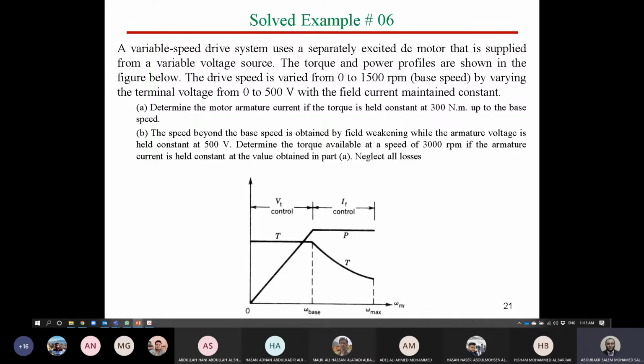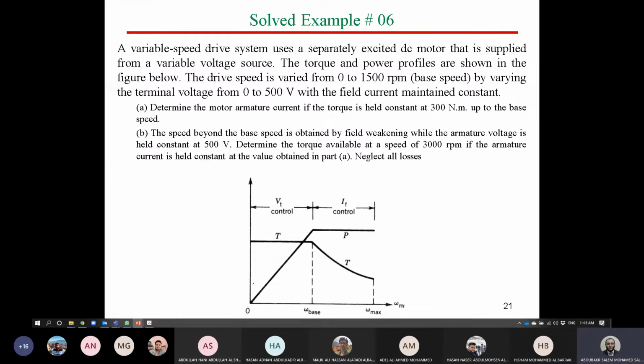So in the first part, Shabab, we control the motor speed from 0 to 1500 RPM. So this is here the 1500 RPM. We control the speed during this region by controlling voltage.